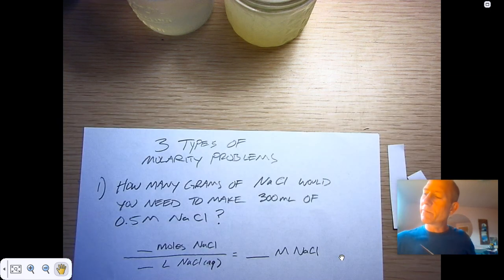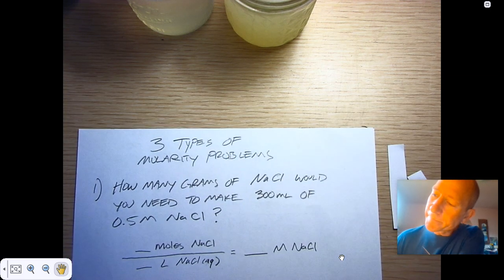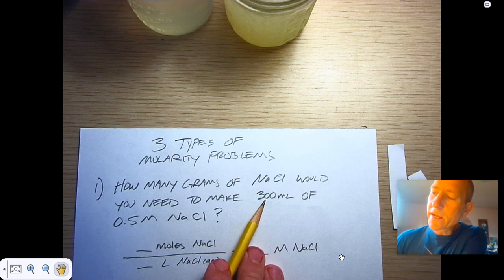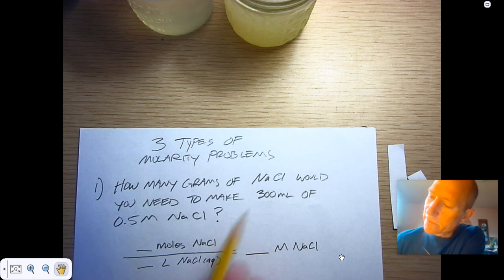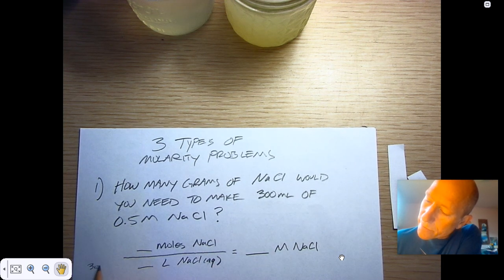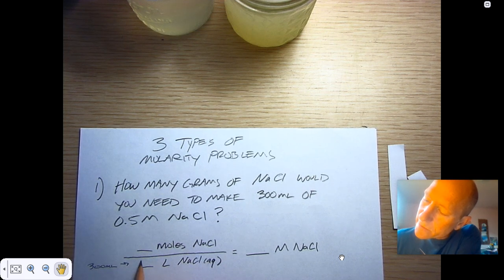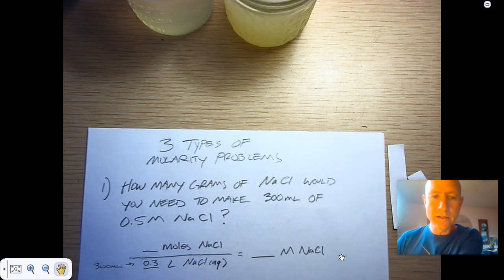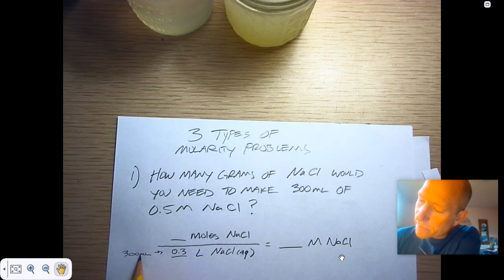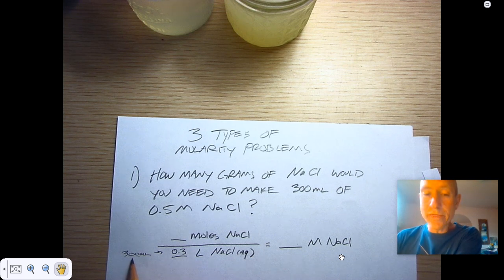So if we know how many moles, we know how many grams. So it looks like we got 300 milliliters of solution. So 300 milliliters is equal to 0.3 liters. We just have to move that decimal over 1, 2, 3 spots. So it's 3/10 of a liter, 300 milliliters, because a liter is 1,000 milliliters.